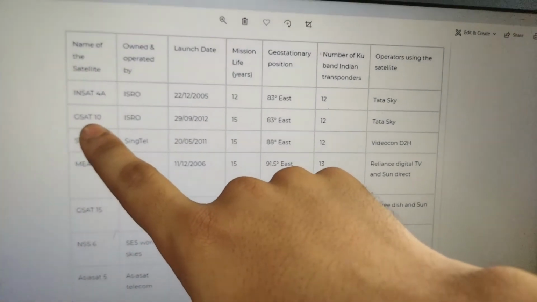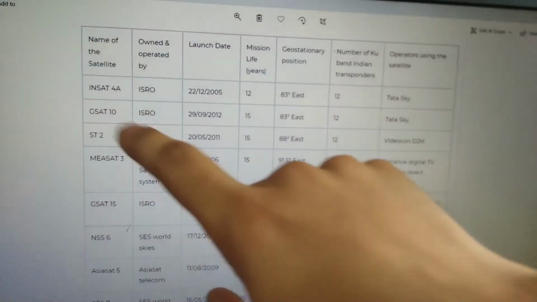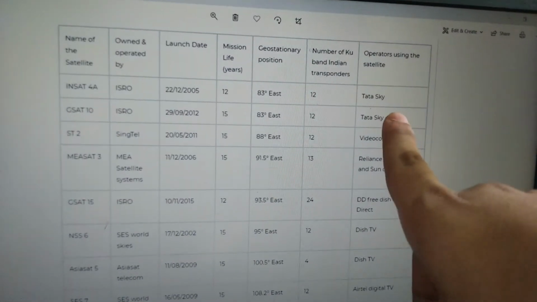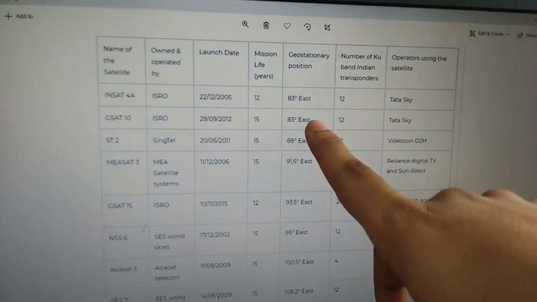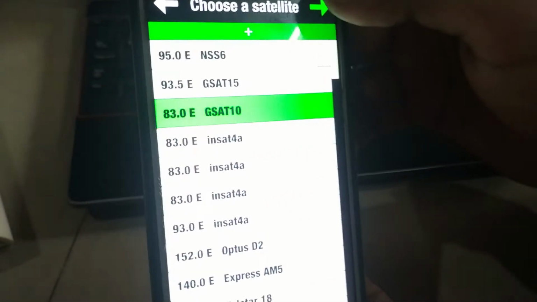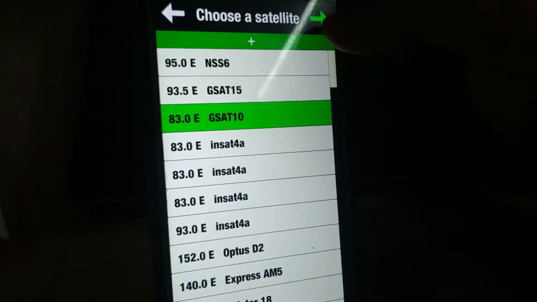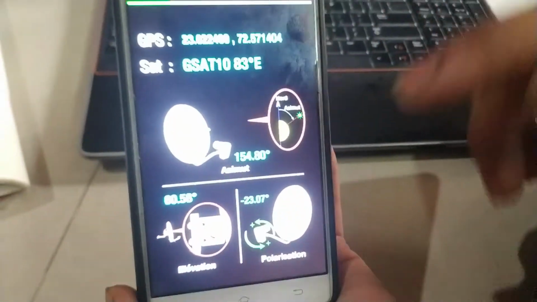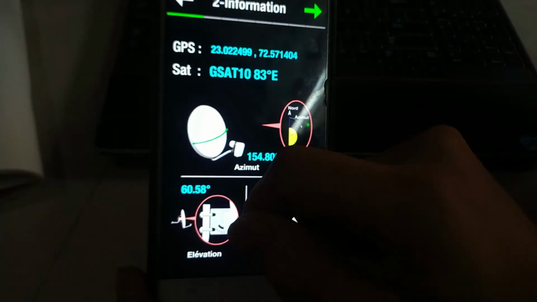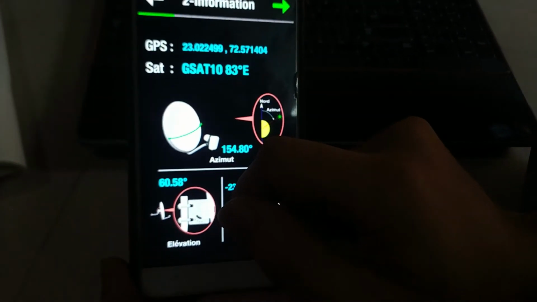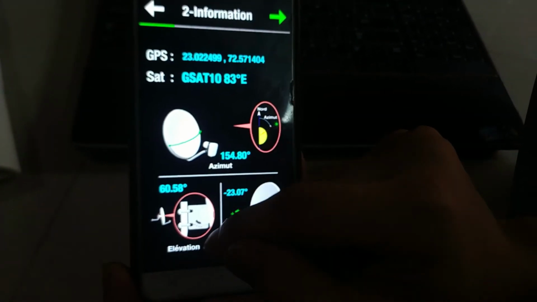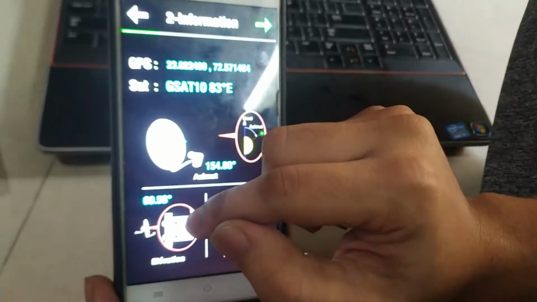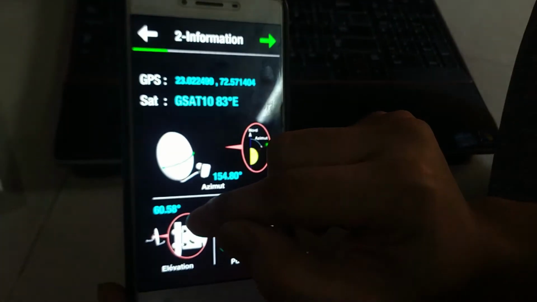Let us look at the GSAT-10 satellite, which is used by the Tata Sky company and is situated at 83° east. This is the GSAT-10 satellite. The azimuth angle for the GSAT-10 satellite is 154.80 degrees and the elevation angle is 60.58 degrees.